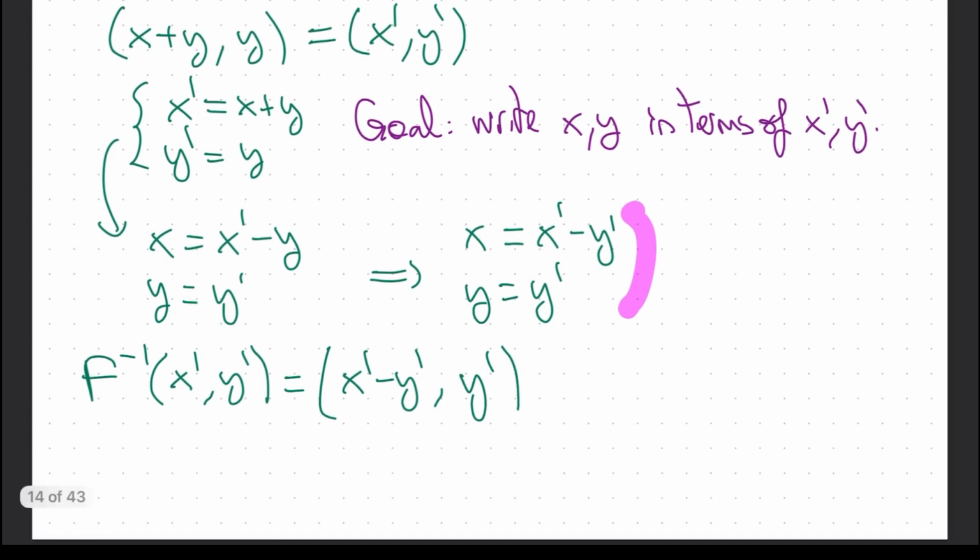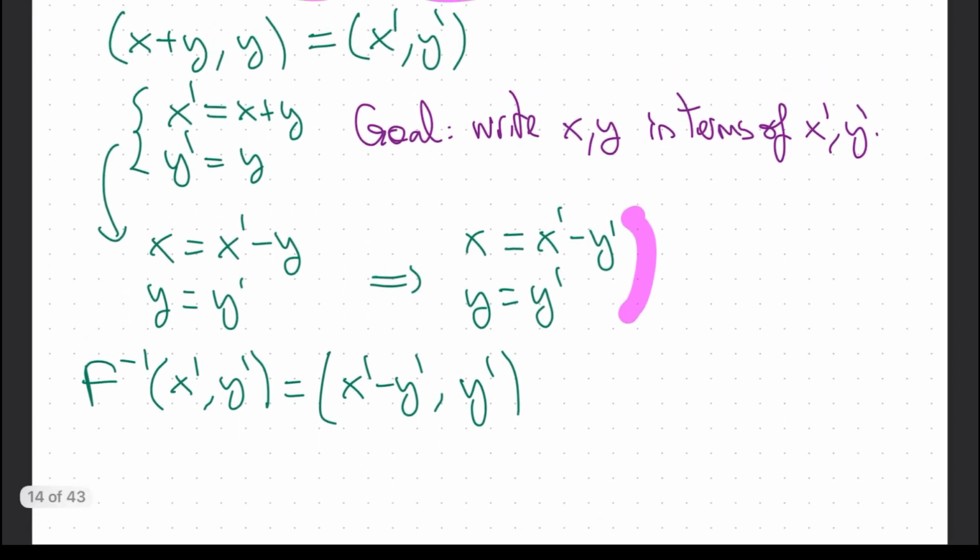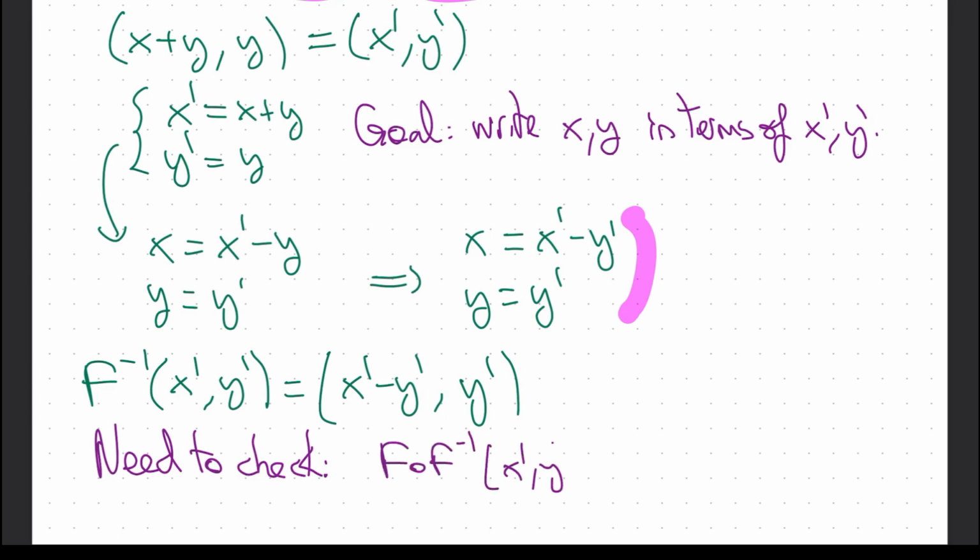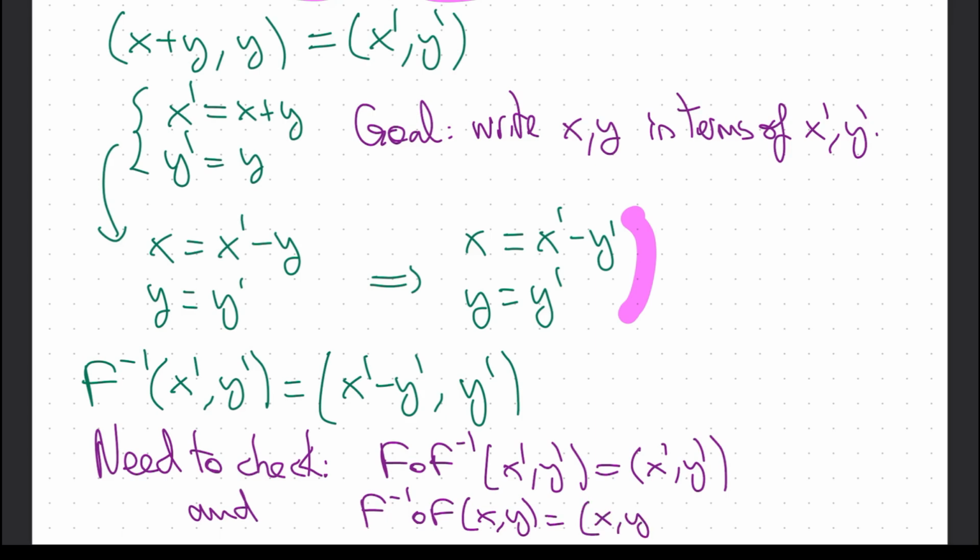So now we've constructed the candidate for f inverse, and we need to check that f composed with f inverse of x prime, y prime equals x prime, y prime, and that f inverse composed with f of x comma y is x comma y.